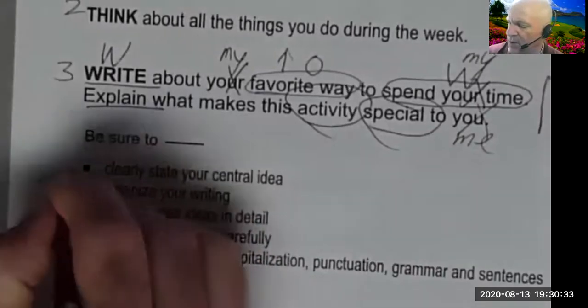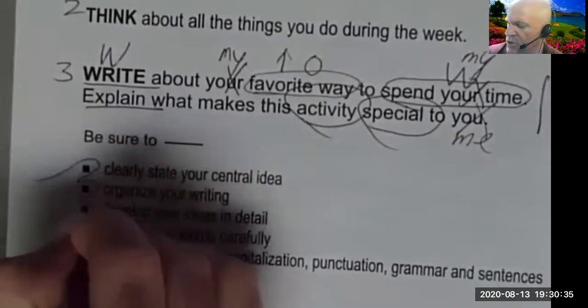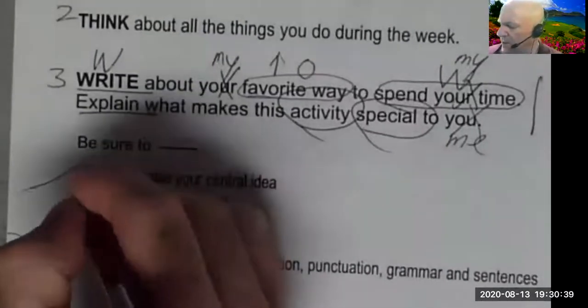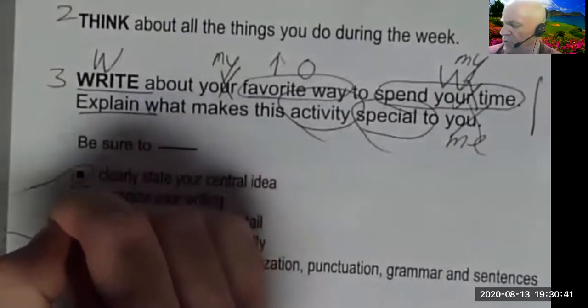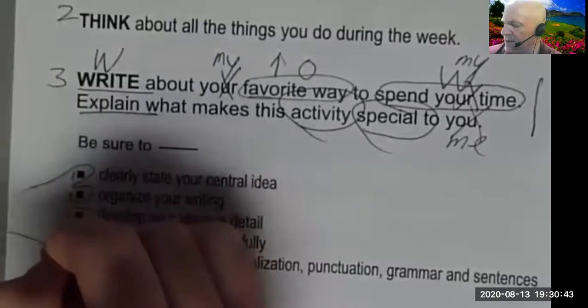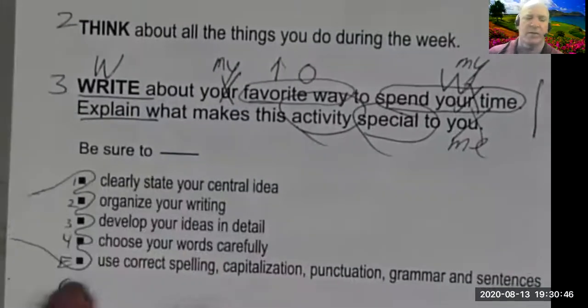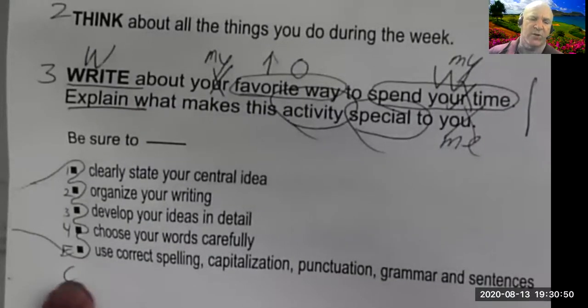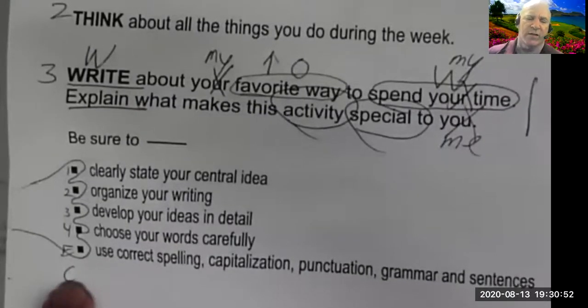So if I do 1, 2, 3, 4, 5 little fingers, and I place a 1, 2, 3, 4, and an E on the last one, or a C. The E is going to stand for ending and editing, and the C is going to stand for conclusions, content, and conventions.